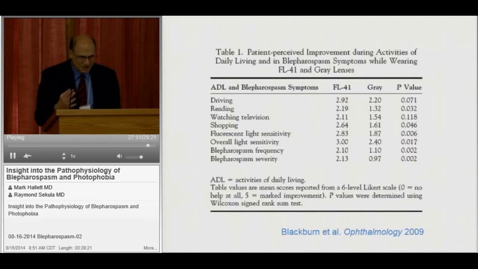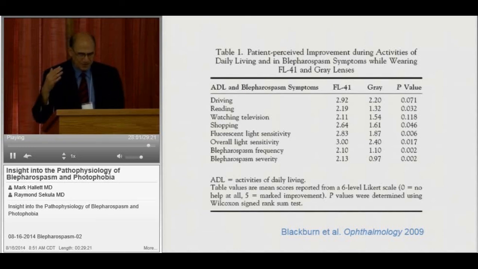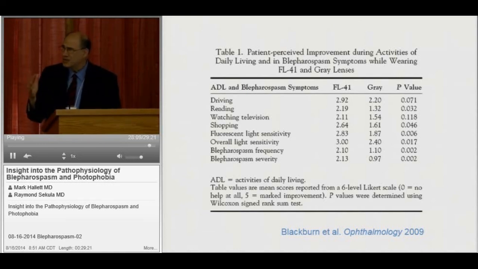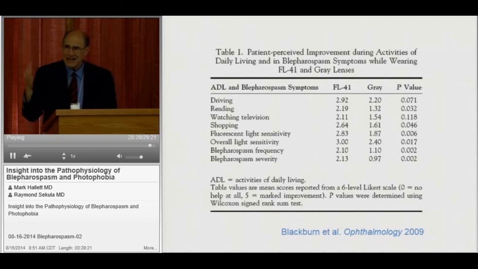Now there has been one study comparing gray glasses and FL41 in terms of patient receptivity and feeling of benefit, and the FL41s seem to be better than gray, but honestly I have never believed this study, because almost all of the patients participating in it were ones that had been using the FL41 glasses already, so we're, I think, already biased in that regard.